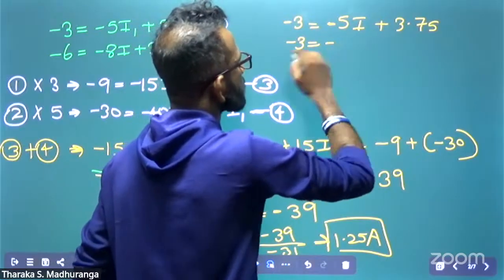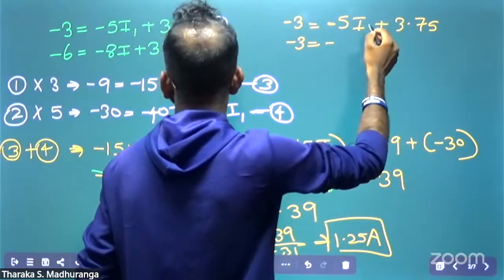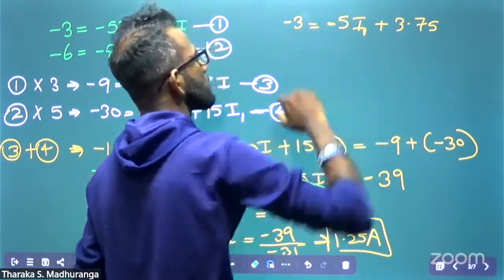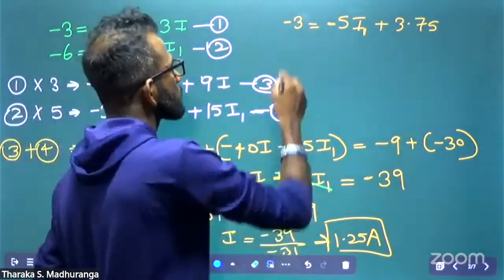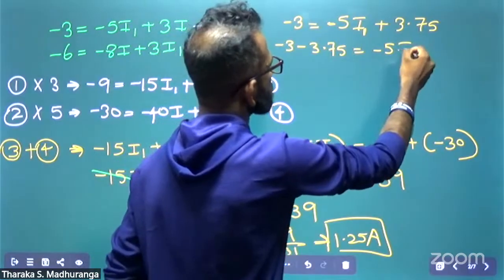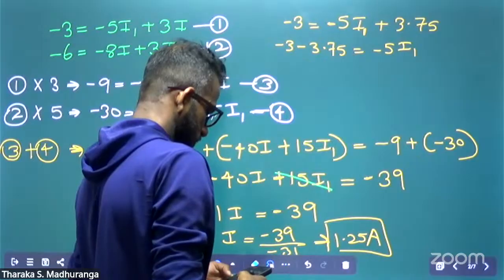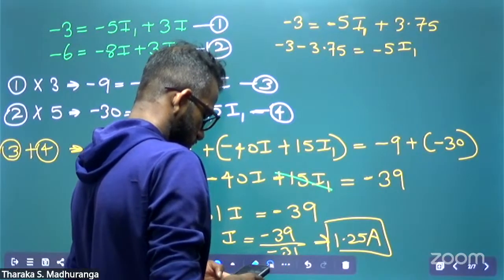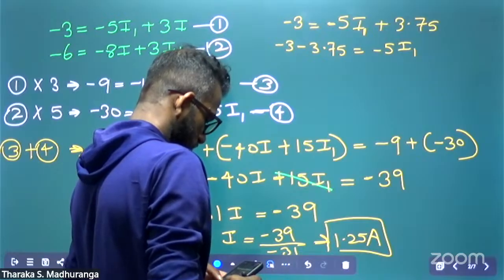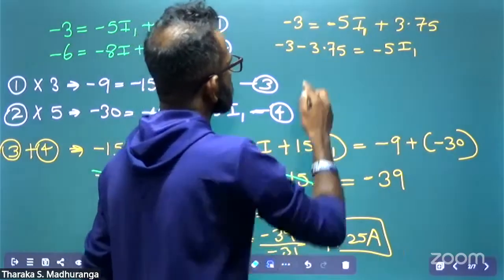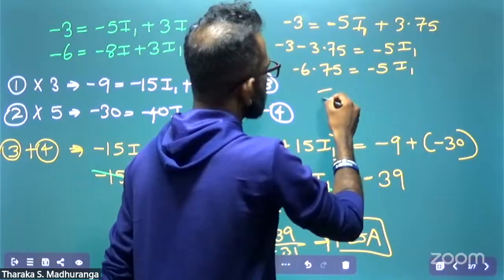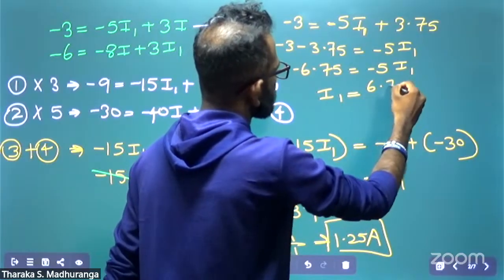Minus 3 equals minus 5 I1 plus 3.75. Getting the 3.75 to this side, minus 3 minus 3.75 equals minus 5 I1. Now minus 3 minus 3.75 is minus 6.75, equals minus 5 I1. The minuses cancel out, so I1 equals 6.75 over 5.